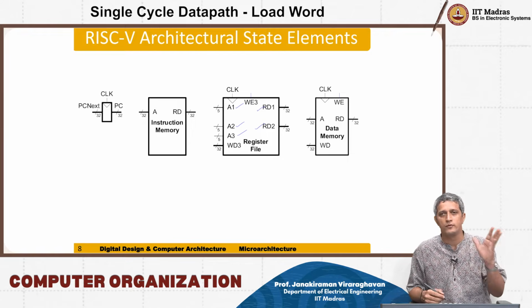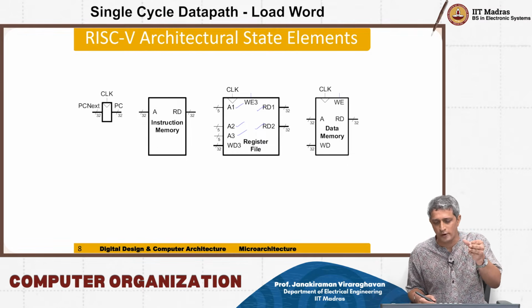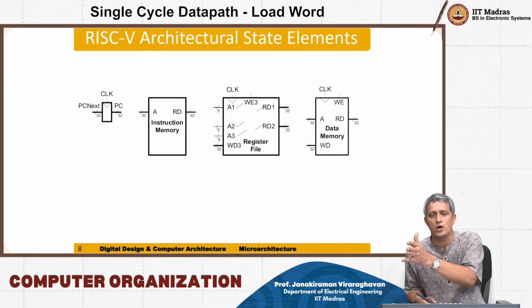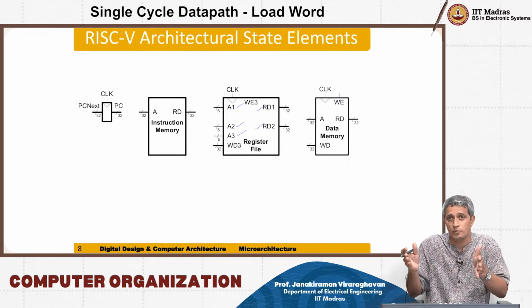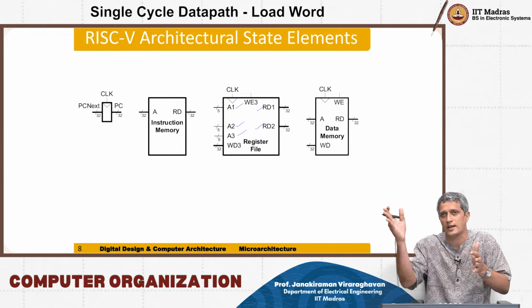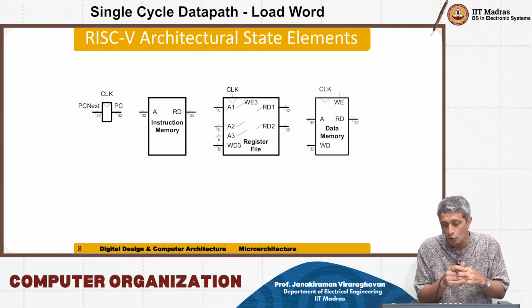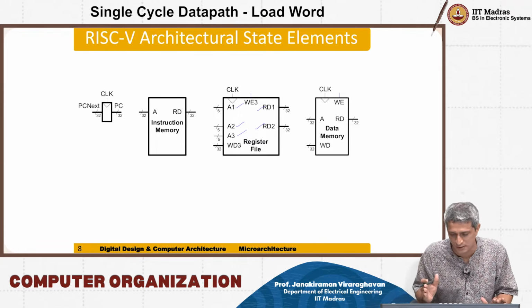You decode the register address that you need, give 5 bits to A1, and you will get the data on RD1 after a fixed constant delay. What is that delay? It's basically the time needed to decode this address and the tri-state inverter to read the data out for you, and the data will be put out on that 32-bit bus.